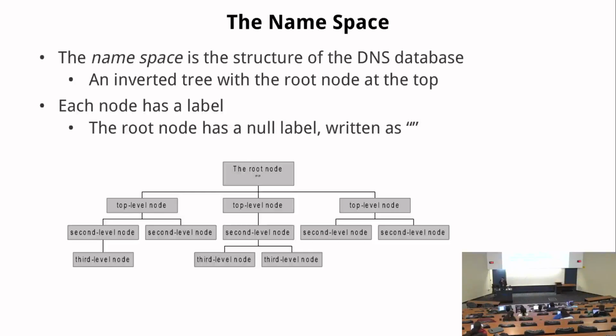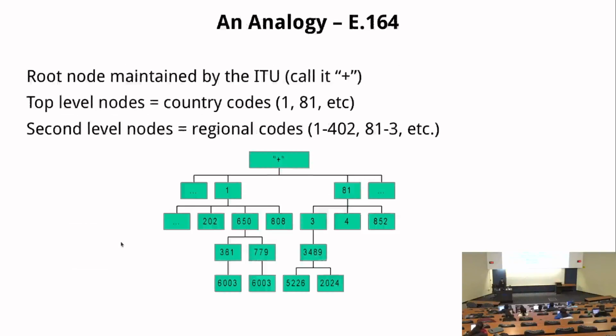Then the namespace is the structure of a DNS database. It's basically a tree structure. The root node is on the top, and each node has a label. The root node doesn't really have a label, just a double quote. Then we have top level nodes, second level nodes, third level nodes.